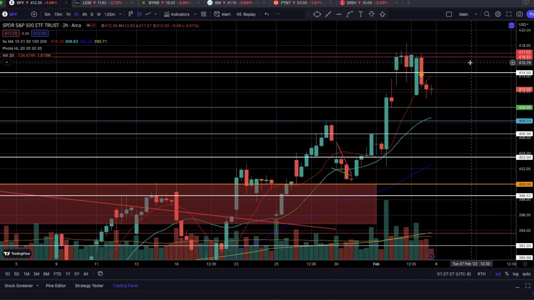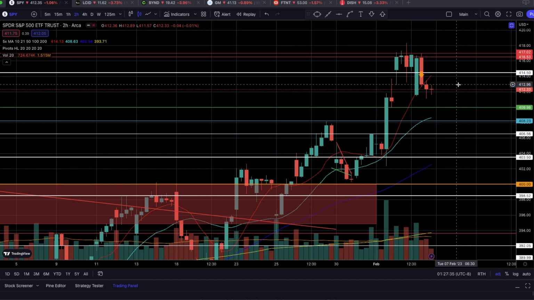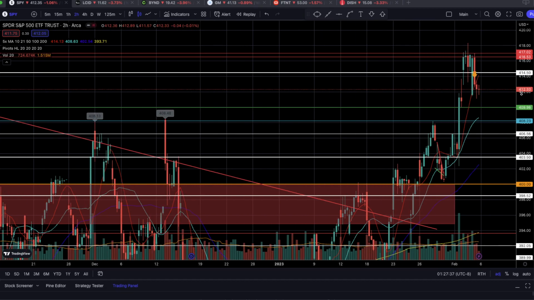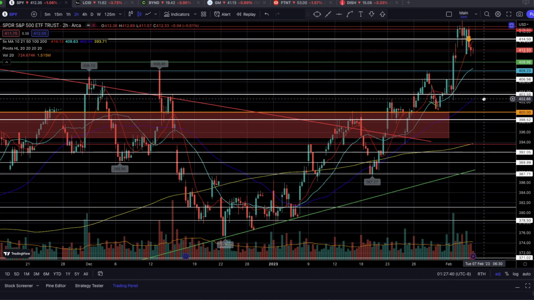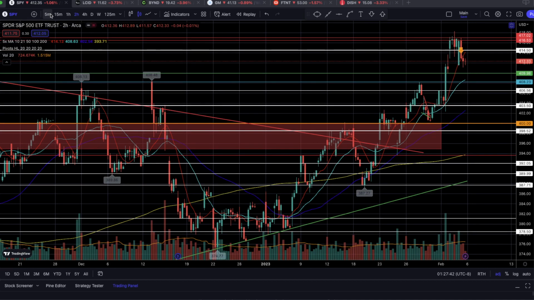Now, this all depends on whether or not we want to have a nice consolidation phase, because we have run so much since the beginning of this year. All right, so that is it for SPY.